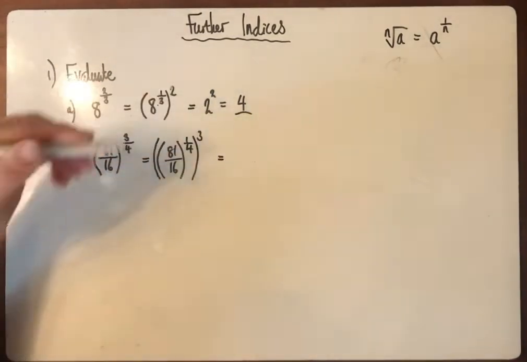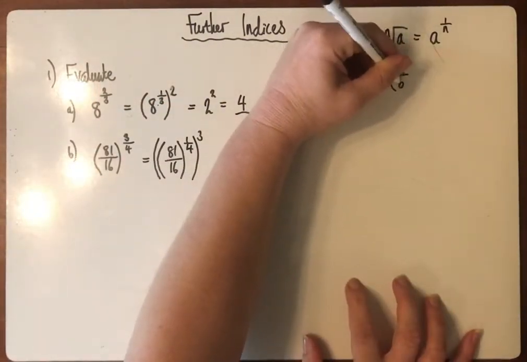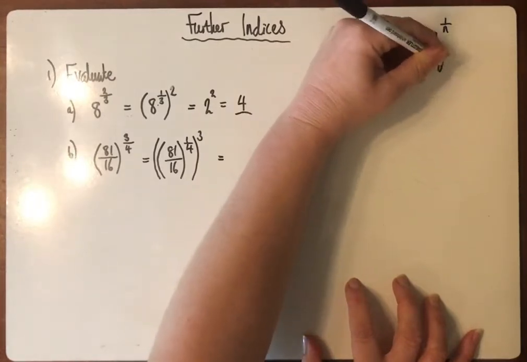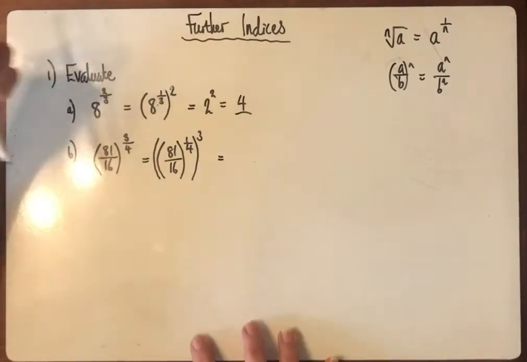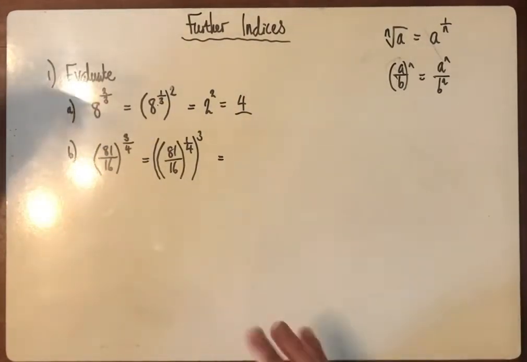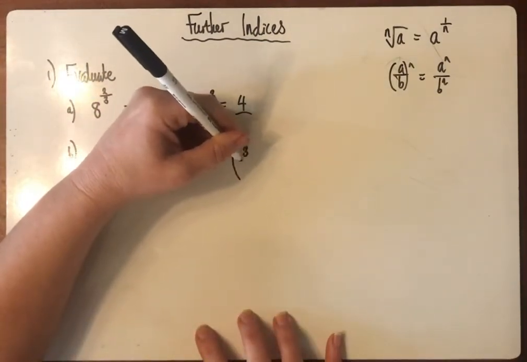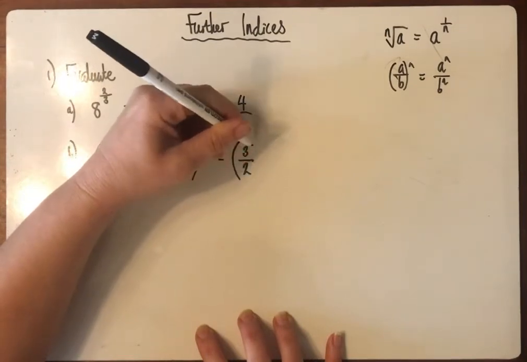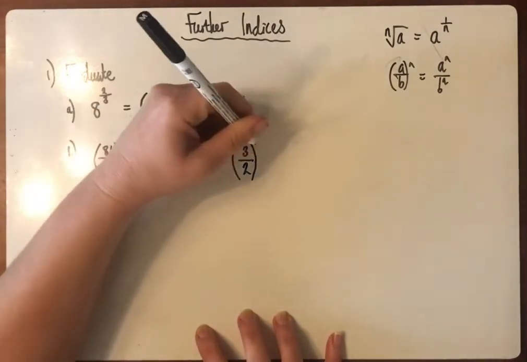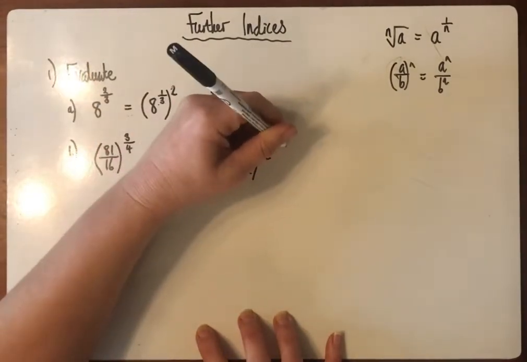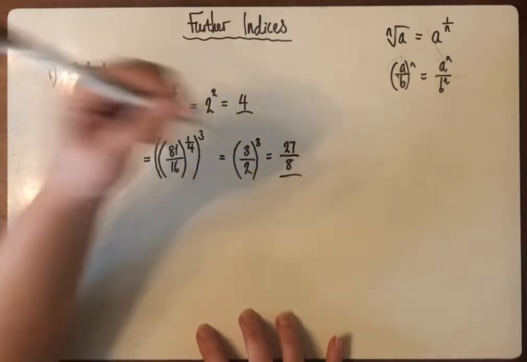You can split powers, top and bottom of a fraction, so that was another one of the rules. So a over b to the power n is a to the power n over b to the power n. So the fourth root of 81, 3 times 3 times 3 times 3 is 81. And the fourth root of 16 is 2. And so the fourth root of 81 over 16 is 3 over 2. And 3 over 2 cubed is equal to 3 cubed over 2 cubed.